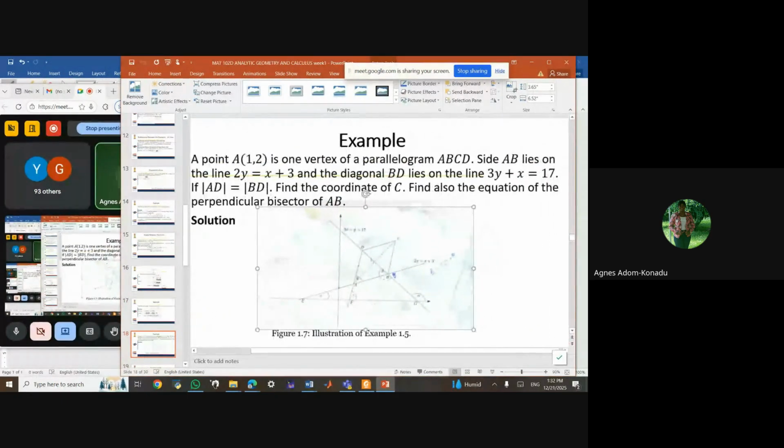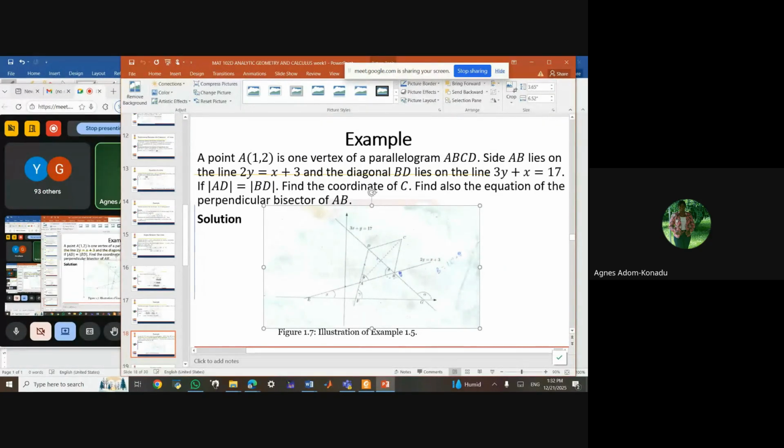You can take a picture of it. Even this one is not part of the solution. So please don't take a picture of the solution. Take a picture of only the question. Don't add the diagram. It's not part of the question. It's part of the solution. Are you done taking a picture of the question?